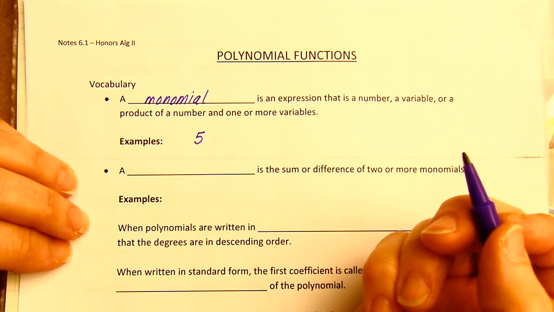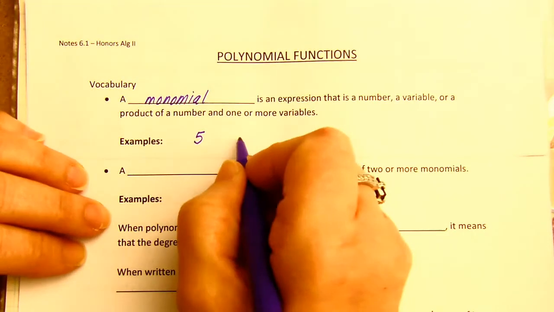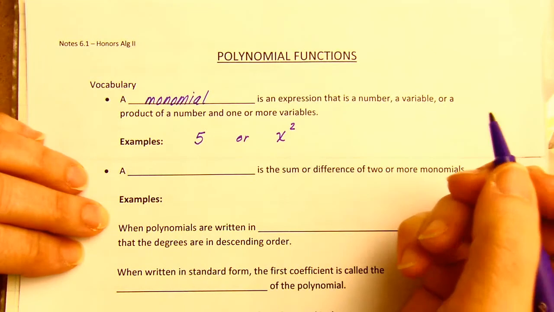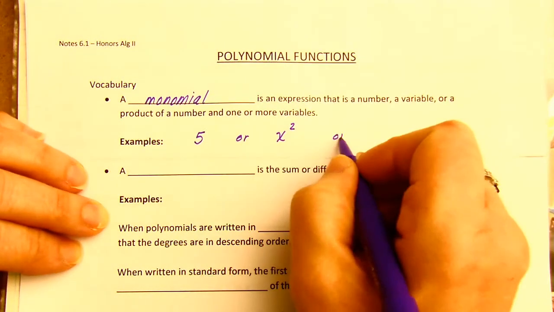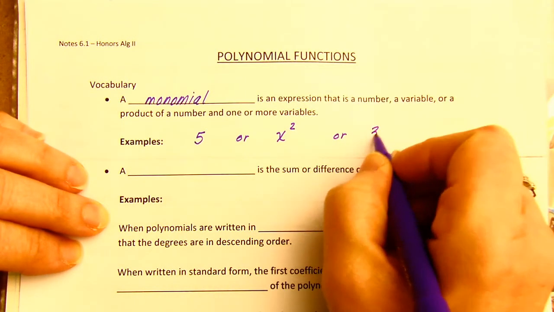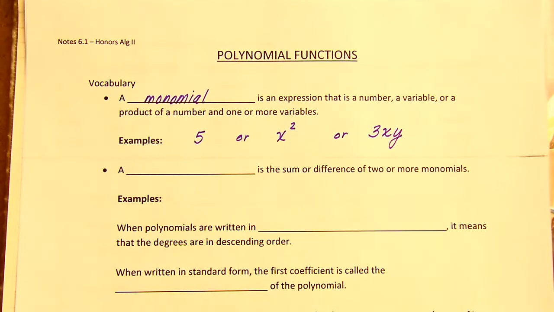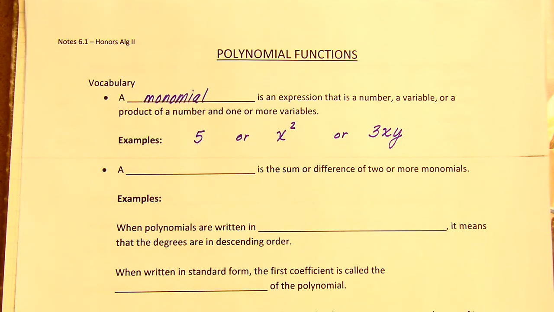It's just a single term. Or x squared is a monomial. Or maybe you'll see something like 3xy. That's also a monomial. There's no addition or subtraction signs between. Because if there were, then that would be more than one term, so it would not be a monomial.